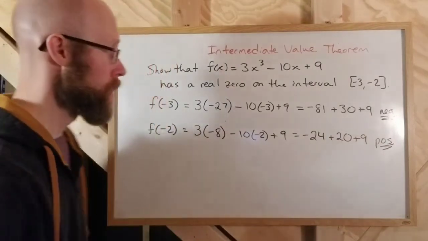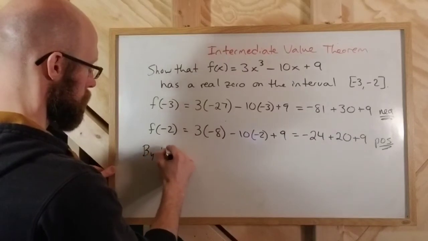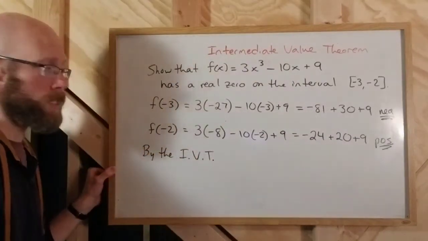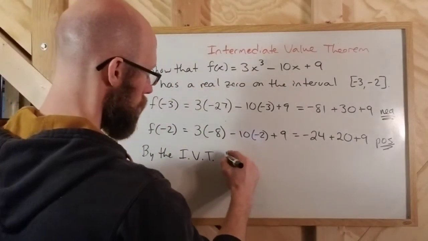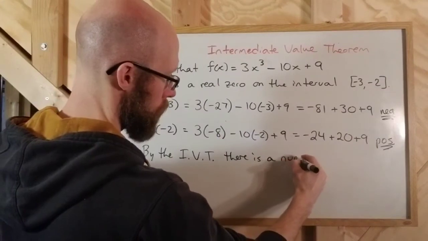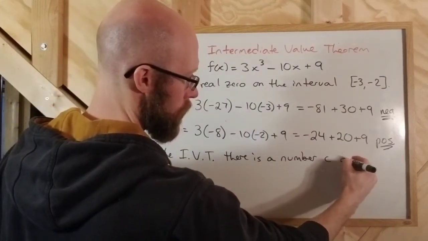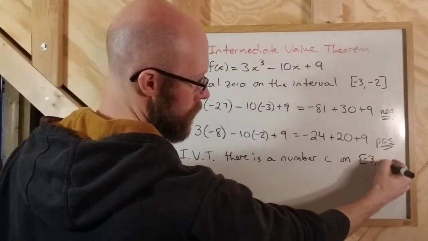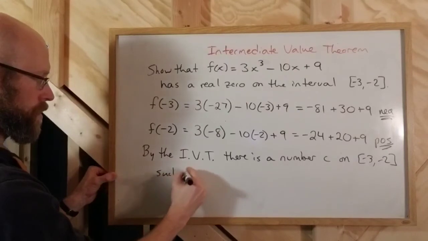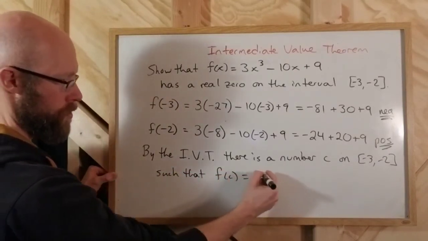Now, because one is negative and one is positive, that must mean the function goes through 0 somewhere in between. And so that means that by the intermediate value theorem, which I'll abbreviate IVT, there is a number C on that interval such that f of C equals 0.